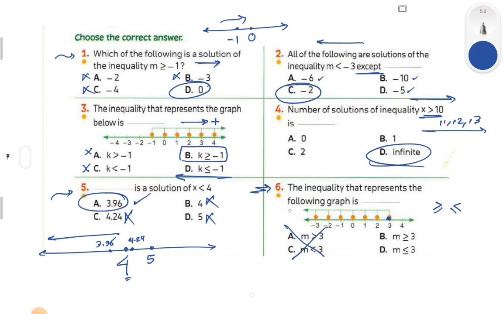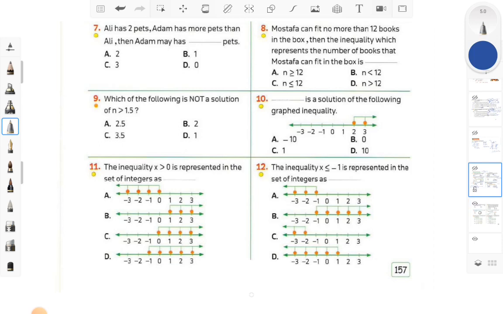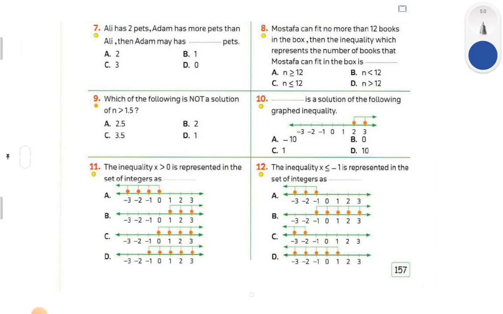He goes to the negative direction, so it's less than. Here we have greater than 3, it's wrong. Less than or equal to 3 is the correct choice.